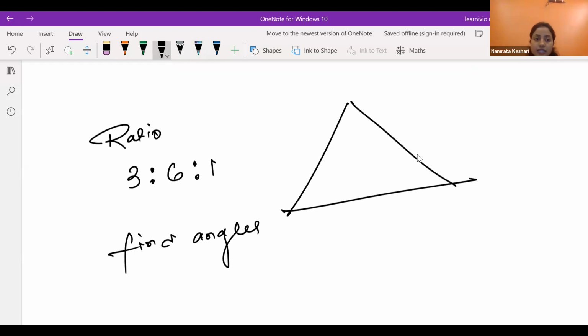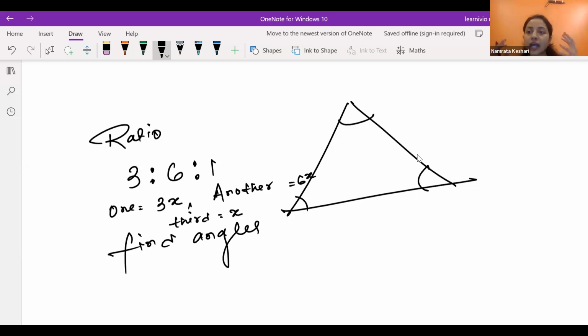Ratio means we can say that one angle is 3k or 3x, another angle is 6x, or you can take k as well, and the last angle is 1x, that means just x, the third angle. To find the angles, we recall that the triangle angle sum property says that the sum of all three angles has to be 180 degrees.